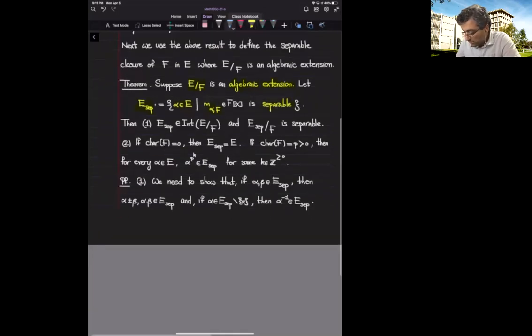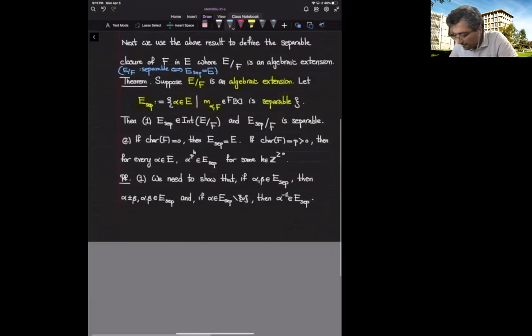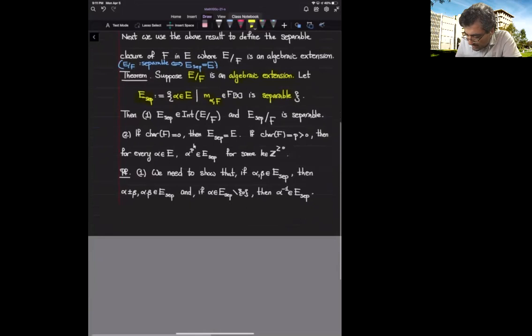Maybe it's worth writing it down. So E over F is a separable extension if and only if E sub sep is E. Okay. Now the claim is this is indeed an intermediate subfield.